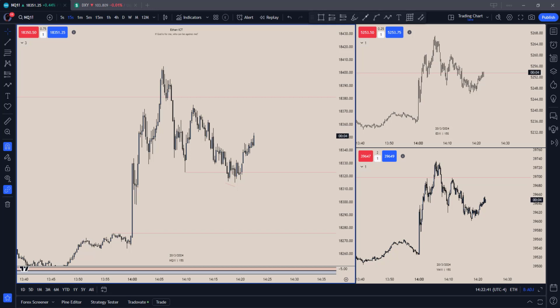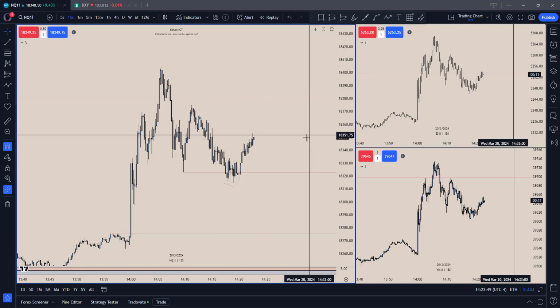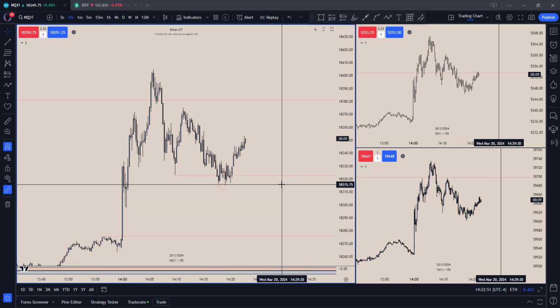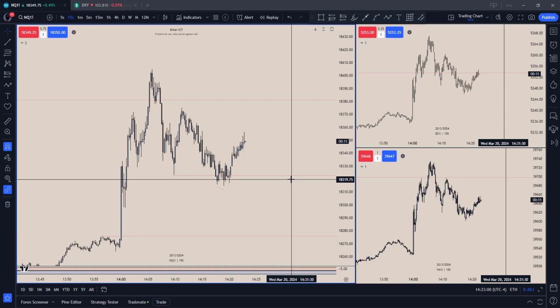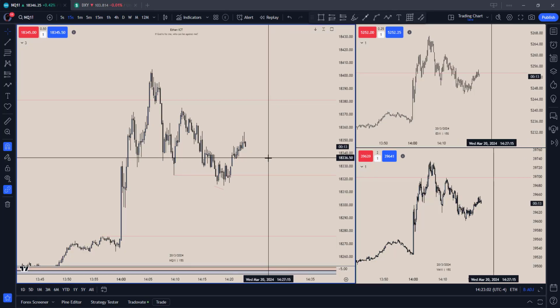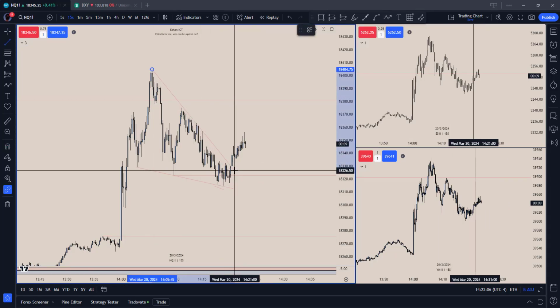He just annotated everything we're looking at right now. Is this called the bull flag? If I remember correctly, there's a bull flag, right?